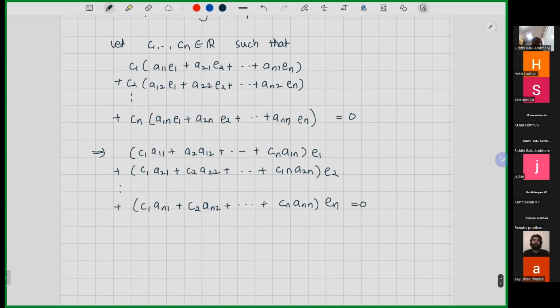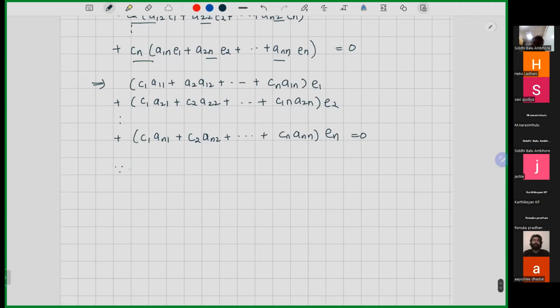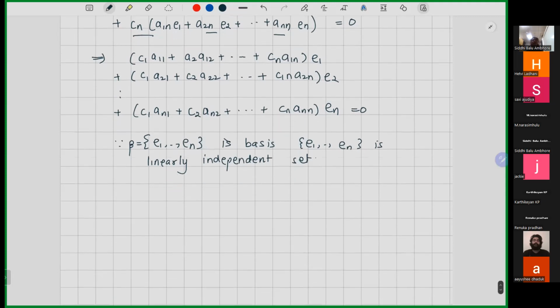I just took the linear combinations of the e_i's together. Since beta equal to e1 to en is a basis, e1 to en is a linearly independent set. So what I get is that these coefficients here are zero.